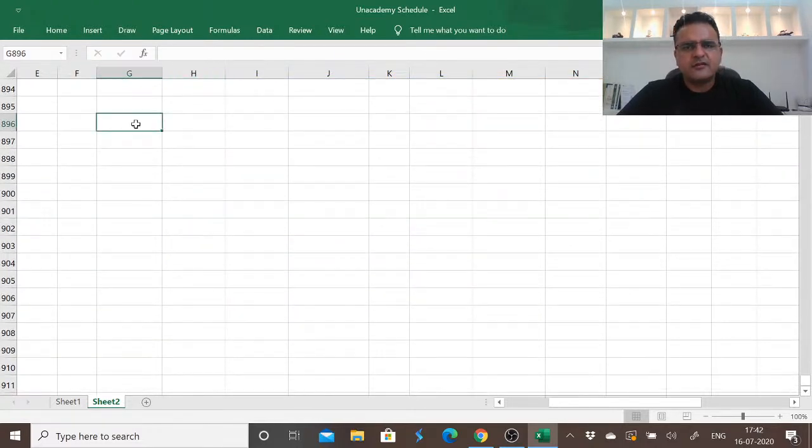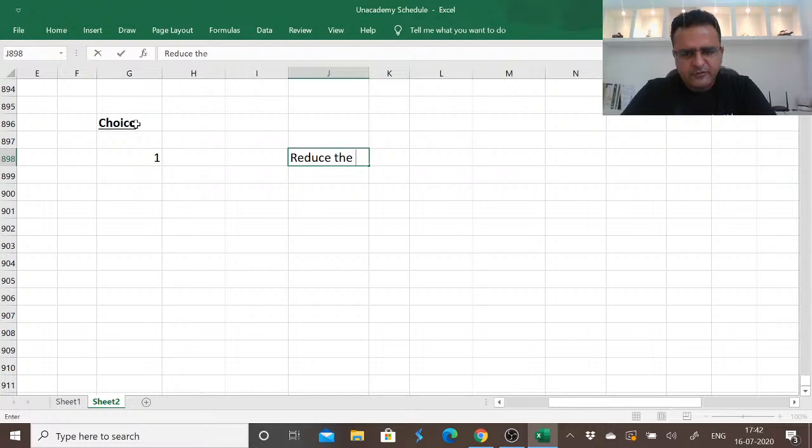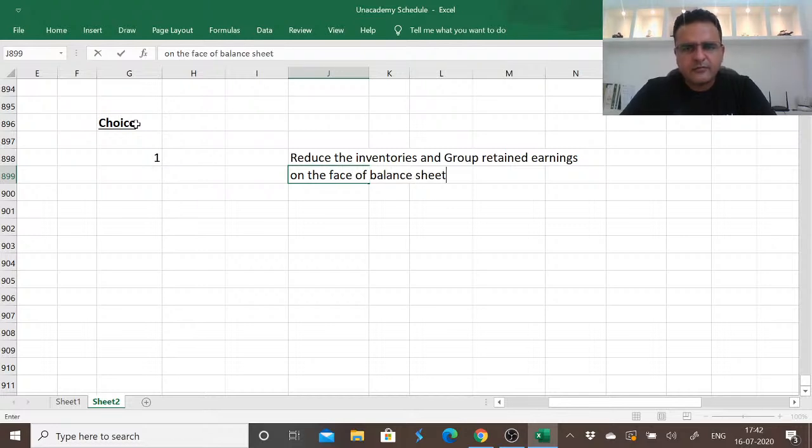So the standard gives a choice. One, reduce the inventories and group retained earnings on the face of balance sheet, whether parent sells to subsidiary or subsidiary sells to parent.